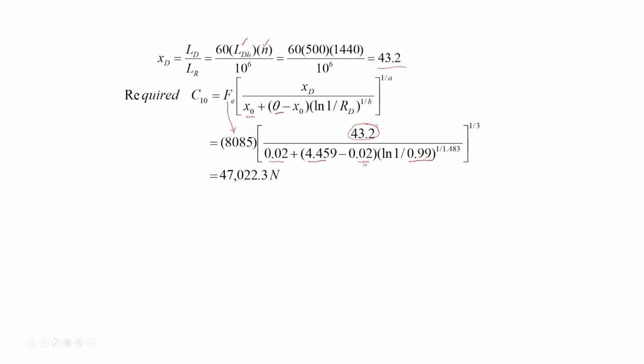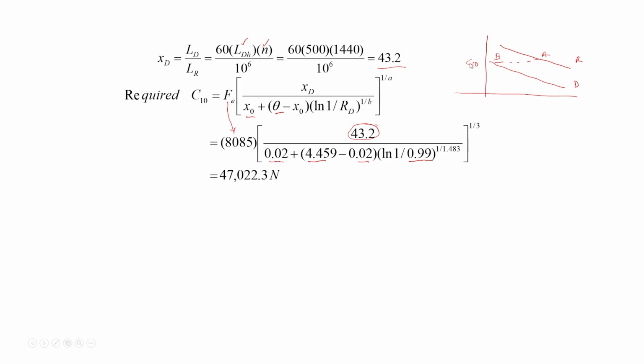And so, the required C10, for these two curves, this is the rated curve, this is the design curve. Okay. So, this is your A point, this is your B point, and this is your C10, and that is also equal to FA and FB.